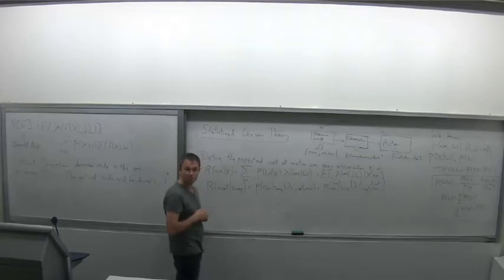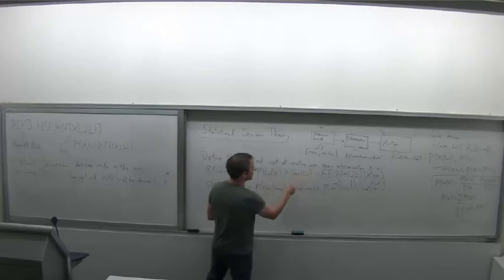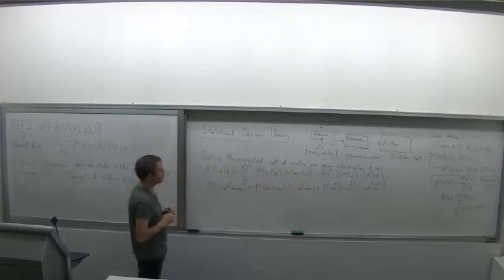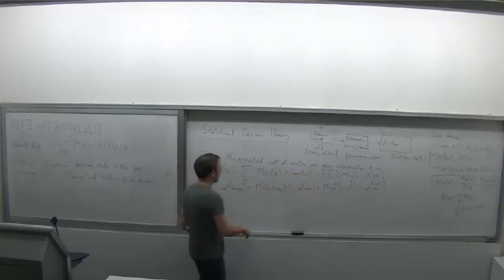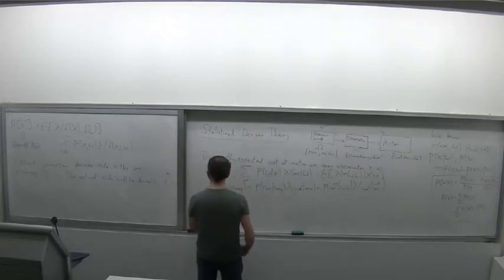So again, for every combination of alpha and x, you can calculate this number. And this is called the conditional risk.